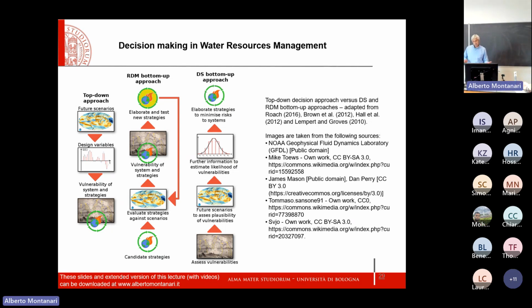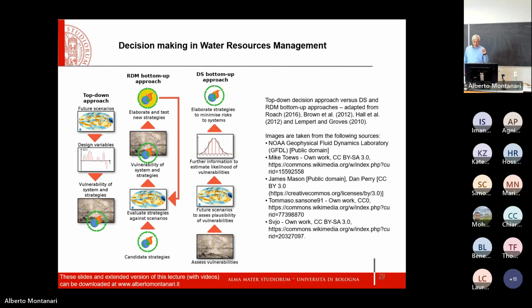And then we can directly identify the best strategy, or after the vulnerability analysis, we may find that the strategies that we identify are not satisfactory, and then we can continue the process with an iterative approach.